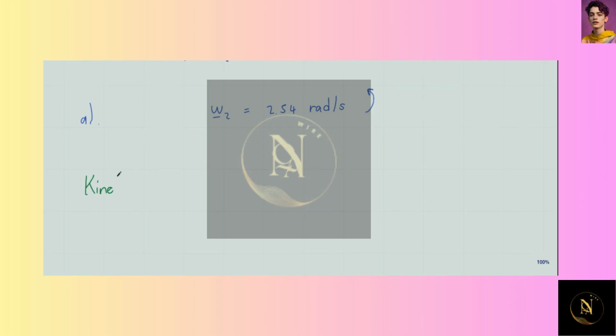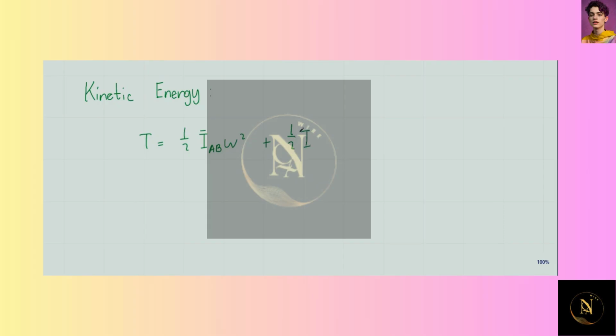So we'll look at the kinetic energies of each position. So the kinetic energy T is equal to a half I_AB omega squared, where omega could be omega 1 or omega 2, plus the kinetic energy that's due to the tube.